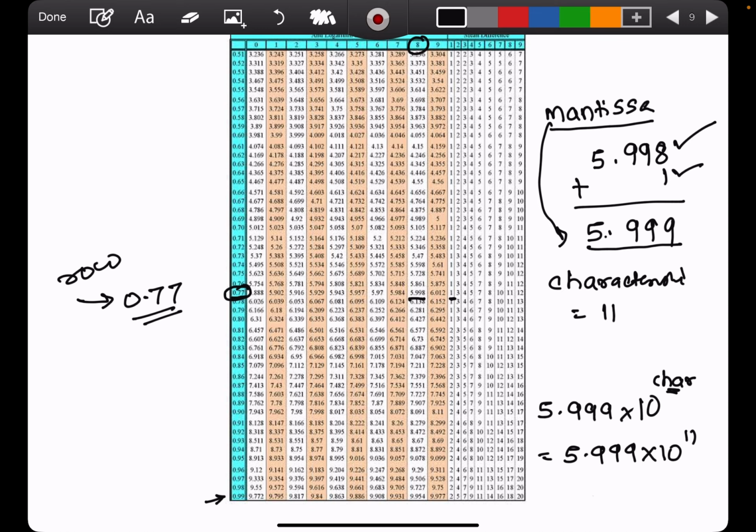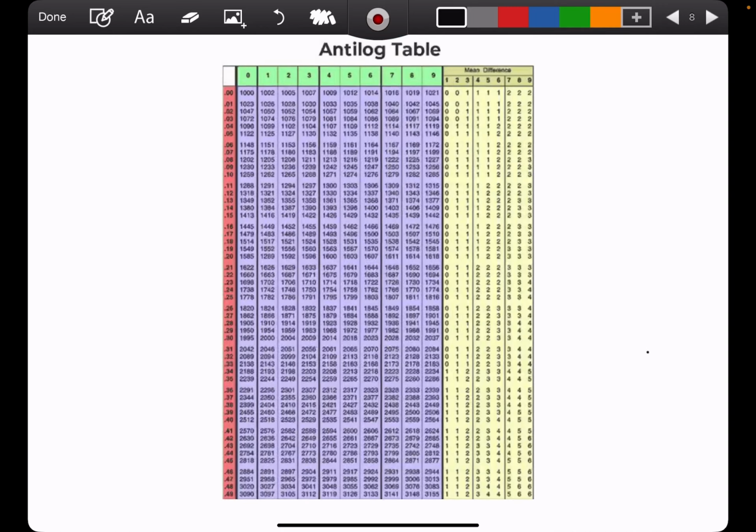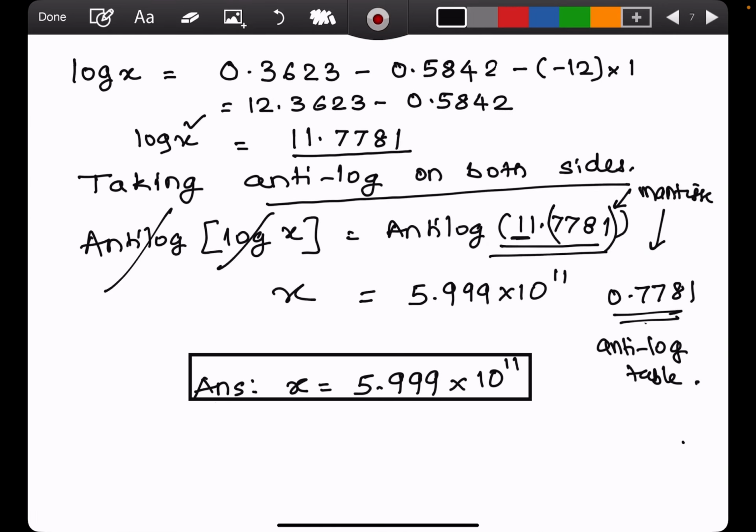Now in order to get the answer, we need to refer to this again. What I had done is I found the anti-log of 11.7781, and from the anti-log table I got the value as 5.999 into 10 raised to 11, and that gives me x.